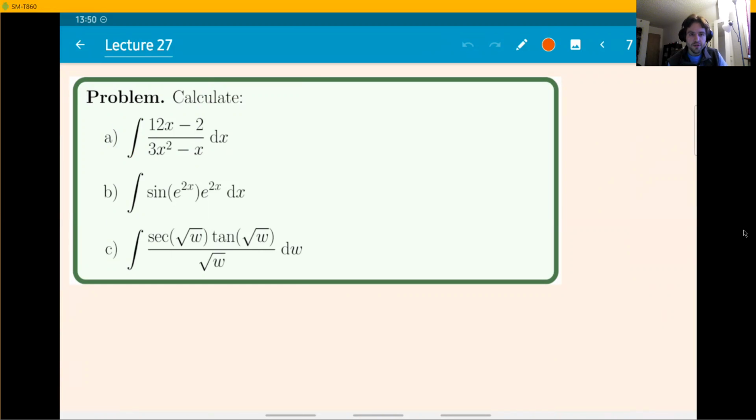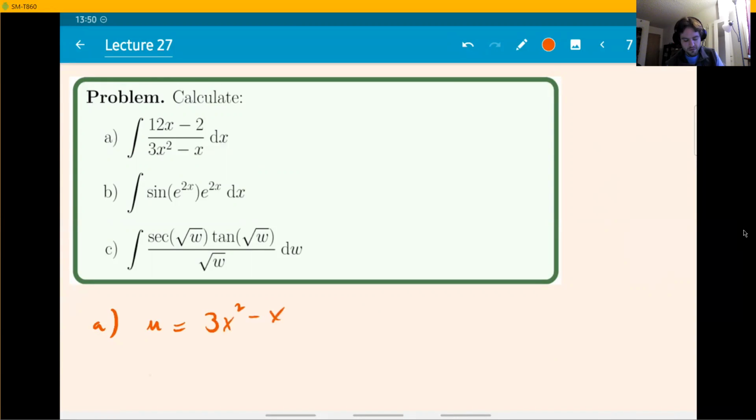When you have fractions, if u sub is going to work, then the u is usually in the denominator, because you want the u prime to be multiplying, not dividing, right? So what would happen in item A if we decided that our u is 3x squared minus x?